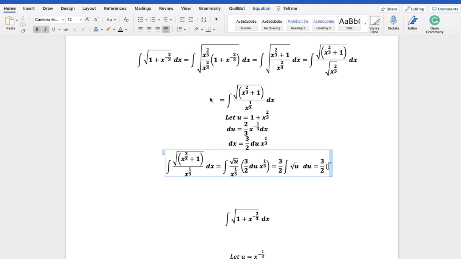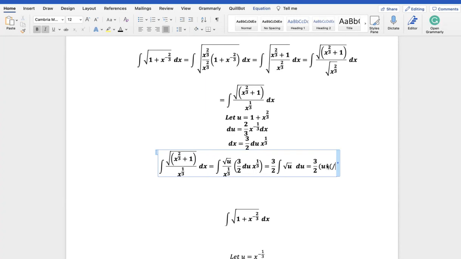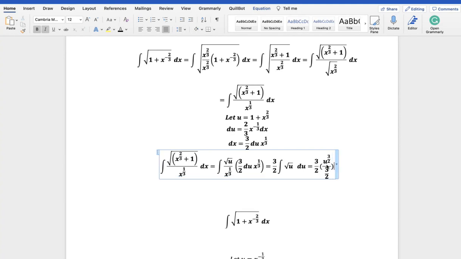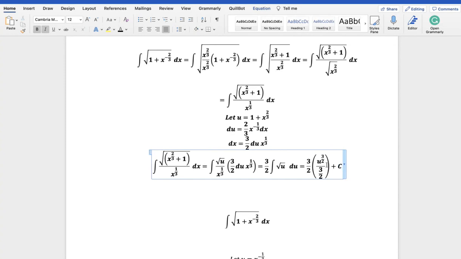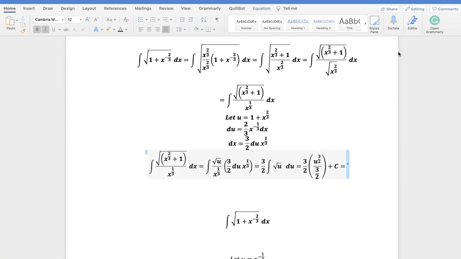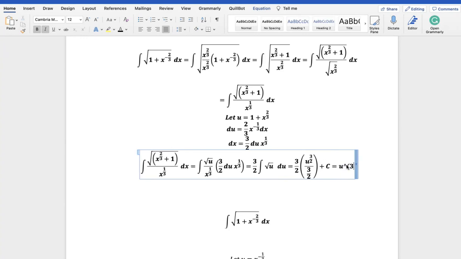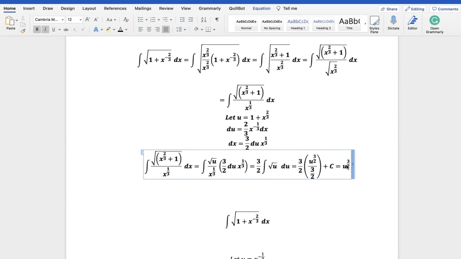So it's u to the power of 3 over 2 divided by 3 over 2 plus c. Don't forget the constant of integration. And that is equal to, the 3 over 2 can cancel, so that is equal to u to the power of 3 over 2 plus c.